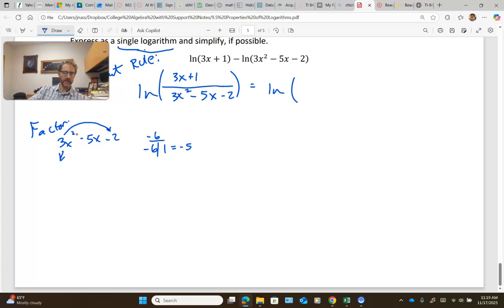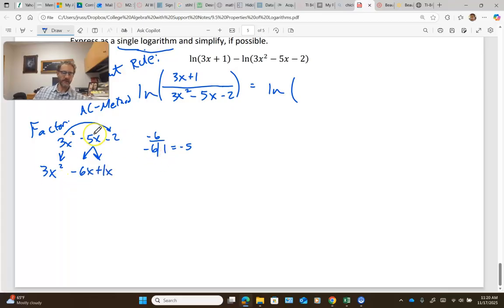And so with the AC method, and put this in the notes, you bring down the first term, you rename the second term using those two numbers you found, negative 6 and 1. So it becomes negative 6x plus 1x, okay?